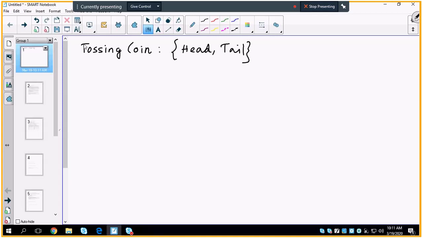Whereas if I think about throwing a die, if you roll a fair six-sided die, then the outcomes are numbers. Either you will see the face that has 1 or 2 or 3 or 4 or 5 or 6.